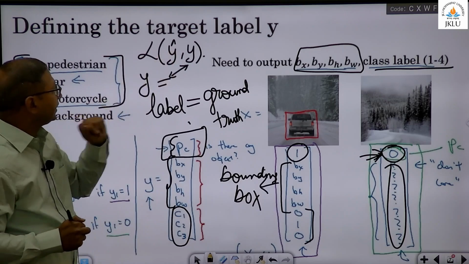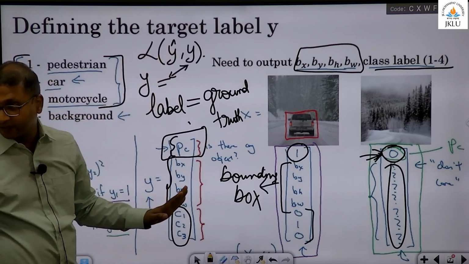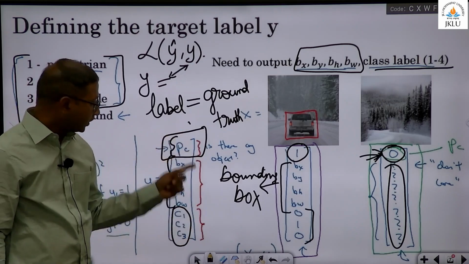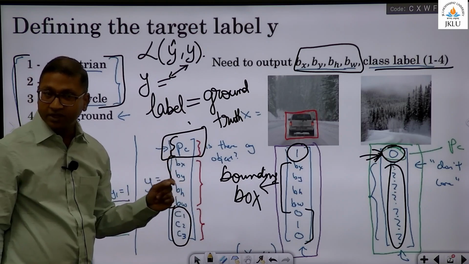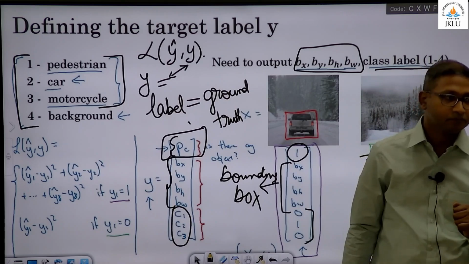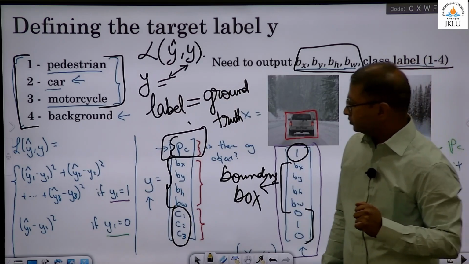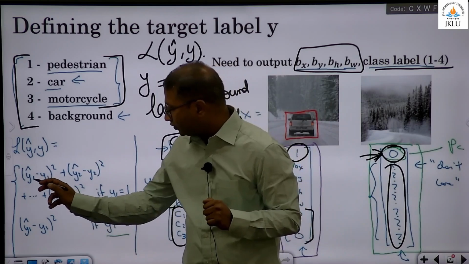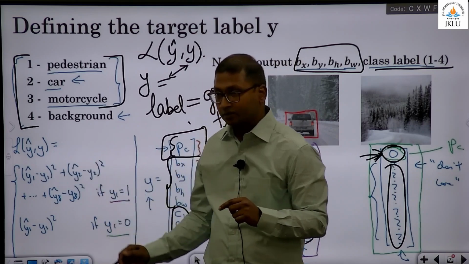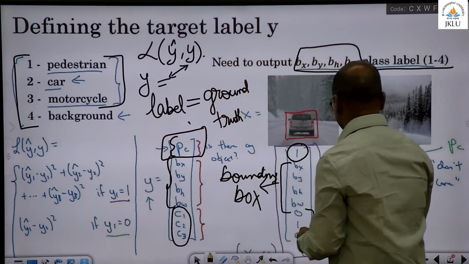So you have Y here, and Y hat will be a vector of size 8 by 1 for this example. My question is, how do I write my loss function? So here you have Y1, the first element, squared.